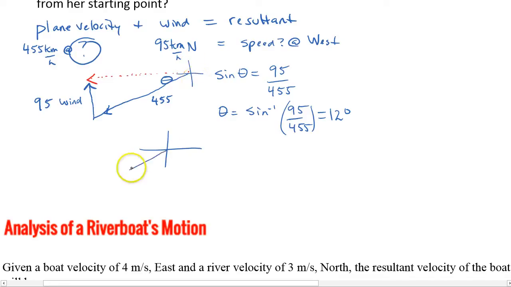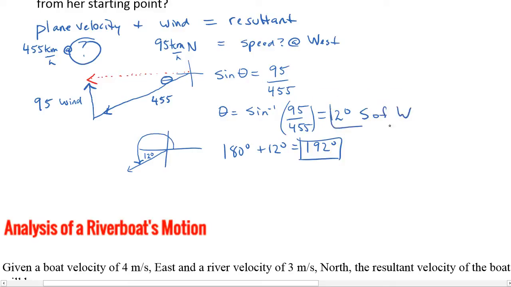So this is my 12 degrees here, counterclockwise from east, so now I'll have to add 180 to that. 180 degrees plus 12 degrees is equal to 192 degrees. So my answer is just 192 degrees, right? Or I could say 12 degrees south of west. That would be fine. I didn't draw that so well. 12 degrees south of west.